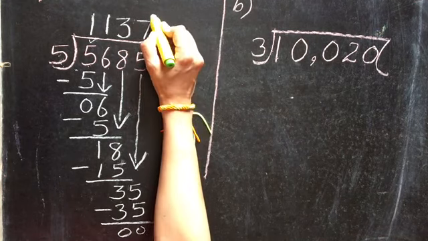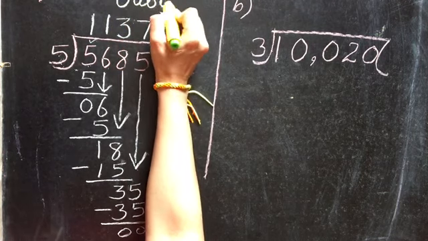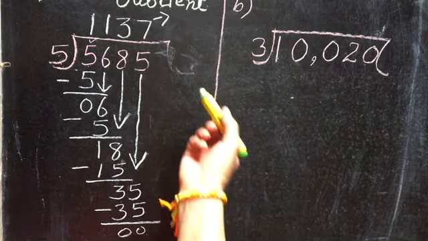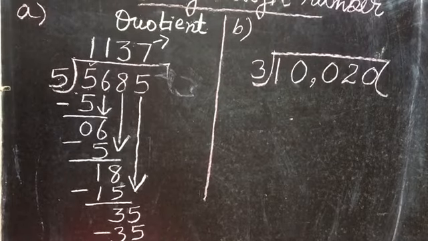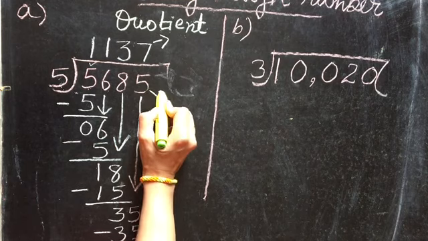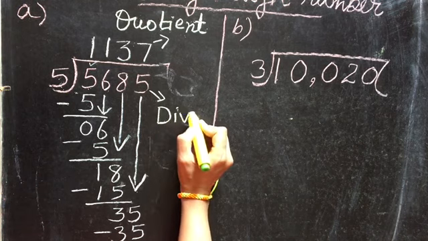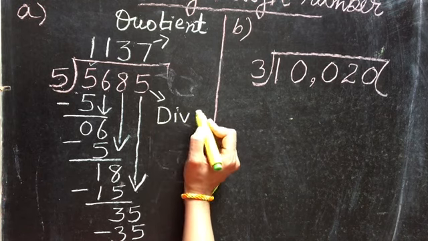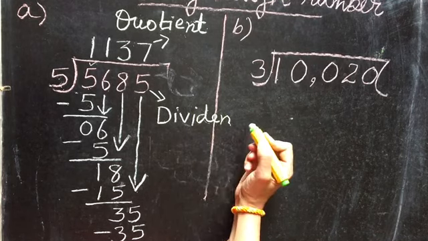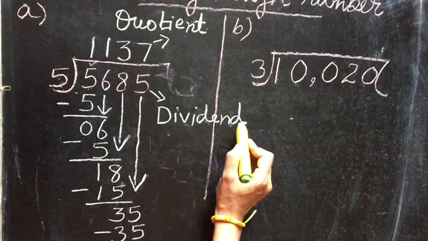This is called quotient. So the answer of the division is called the quotient. This one is called the dividend.